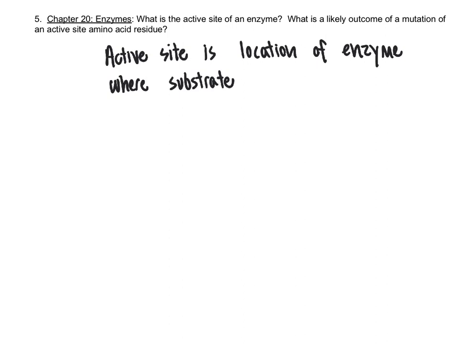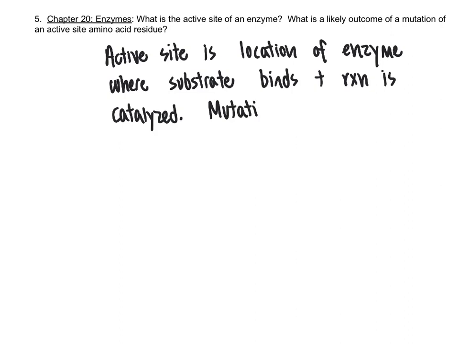So it's the location of the enzyme where the substrate binds and the reaction is catalyzed. And what very commonly happens when there's a mutation of an active site residue, that's going to interfere with the binding of the substrate. And so mutations likely lead to decreased substrate binding in most cases. So mutations decrease substrate binding.